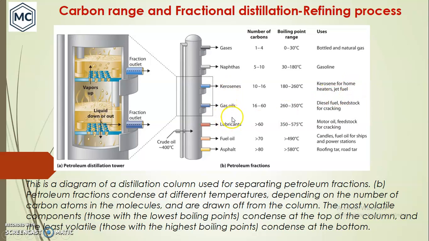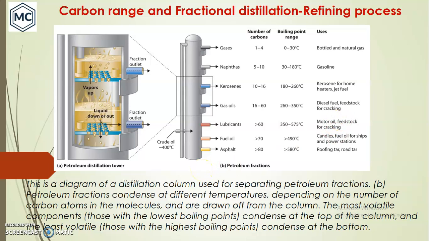Similarly, you can see the different fractions, gas oil, lubricant, fuel oil and asphalt, with different carbon ranges. As the carbon range gets higher, the boiling point of the product increases. These are the uses of different fractions of crude oil.